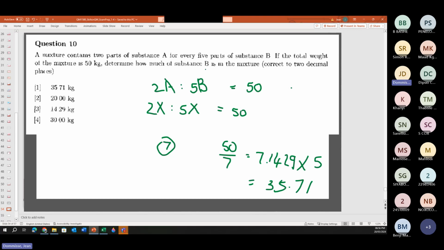Determine how much of substance B is in the mixture. 2 parts of substance A for every 5 parts of substance B. So is it this way around or is it the other way around?